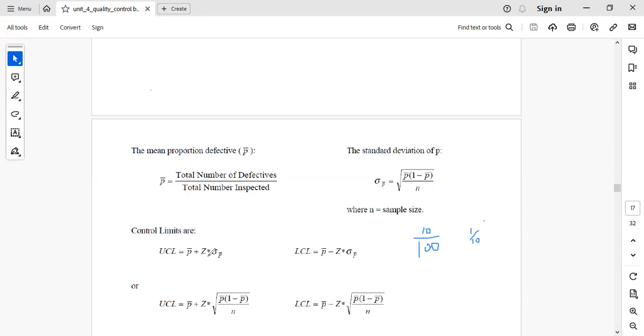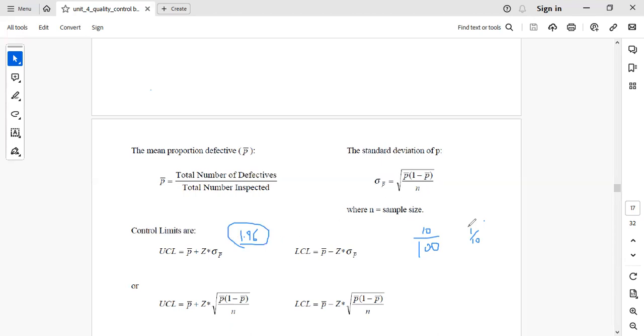And therefore, in most cases, the value of Z is usually given as 1.96. Now this is a value that is already tabulated from the normal distribution.